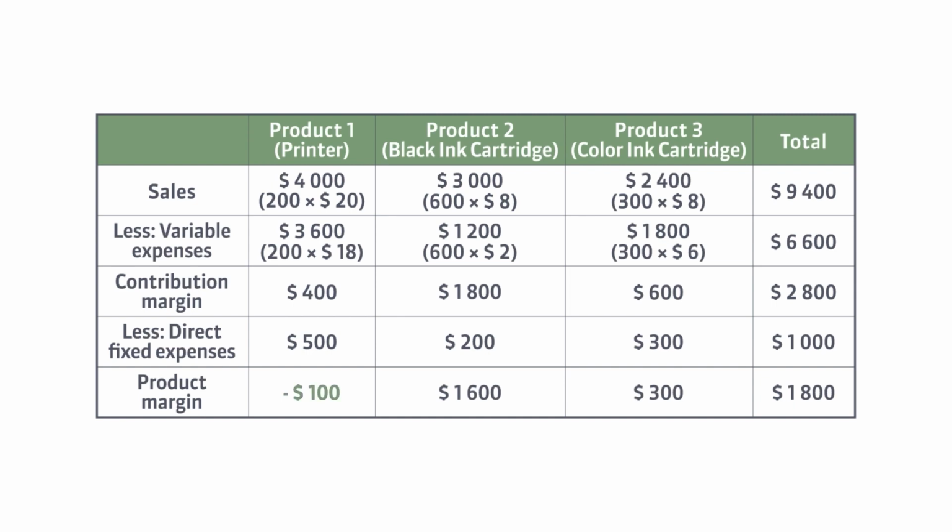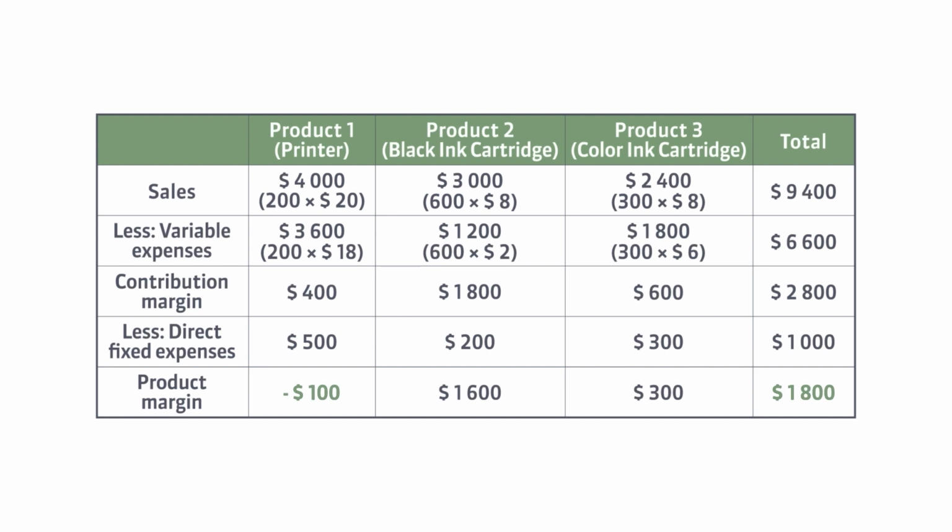Things got interesting. Please note that we obtained a negative product margin on printers. The remaining 2 products have positive product margins. The total margin is also positive. If you analyze only the total margin, you will not know that you have a negative margin on product number 1.